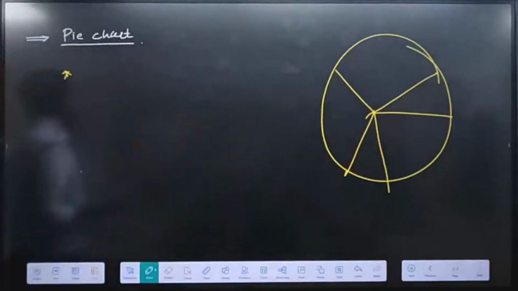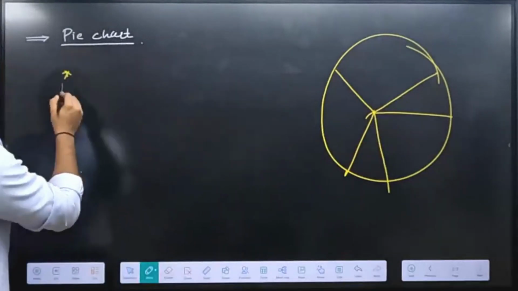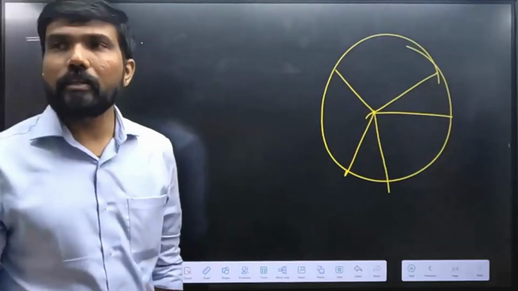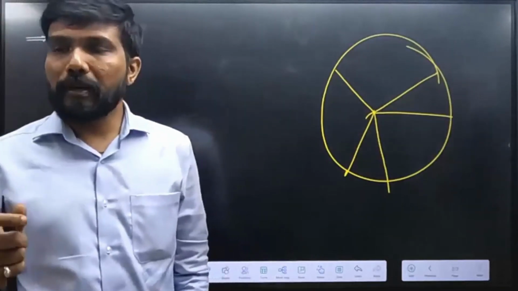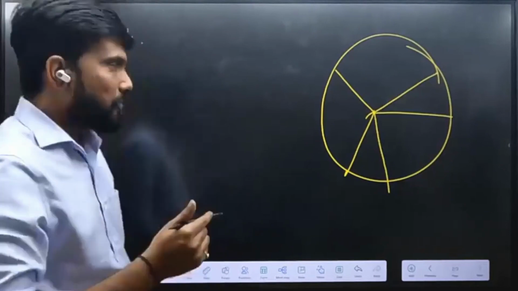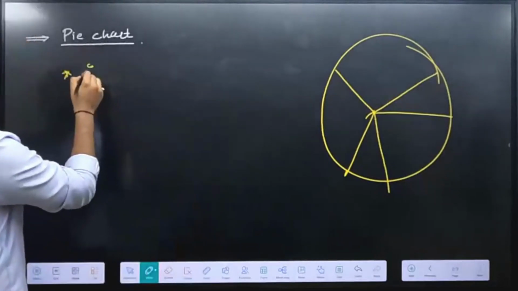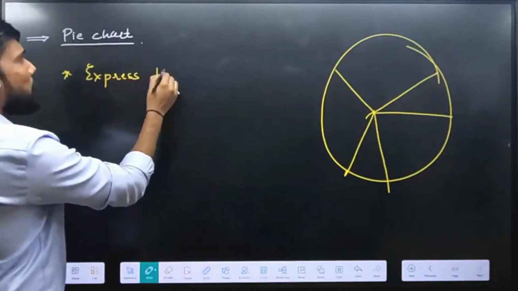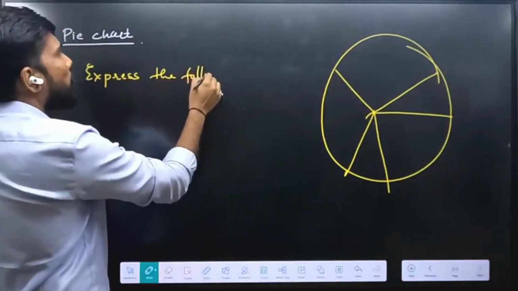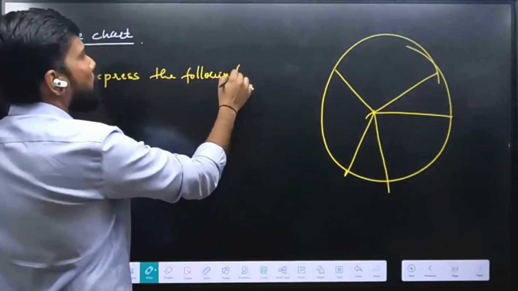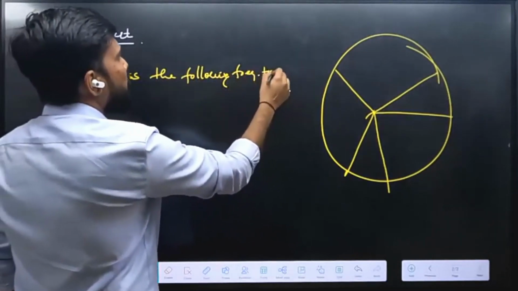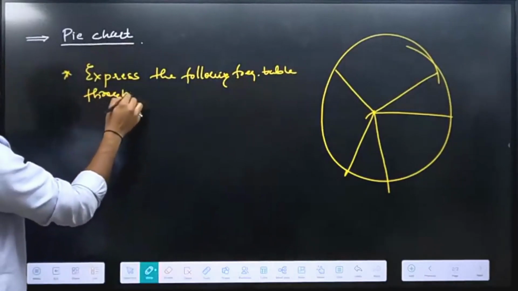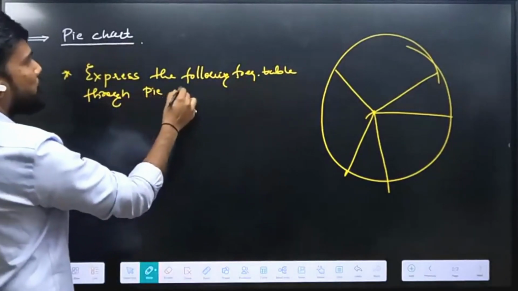Let's say I am interested in representing the expenditure of a person. Express the following frequency table through a pie chart.